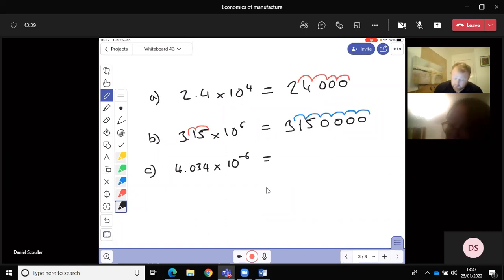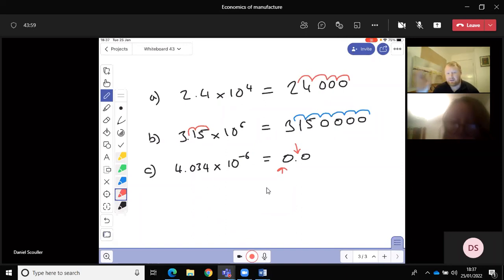So we're going to start with a decimal point. In front of the decimal point there always has to be something, so we always have to put 0. So 0 point. We'd never start with a decimal, we'd always have a 0.